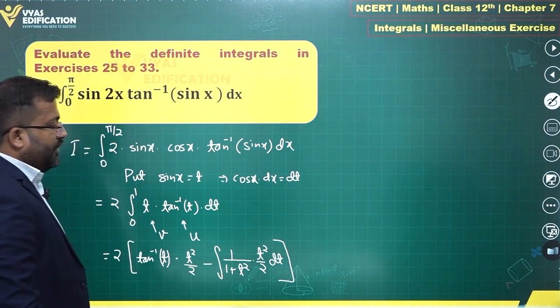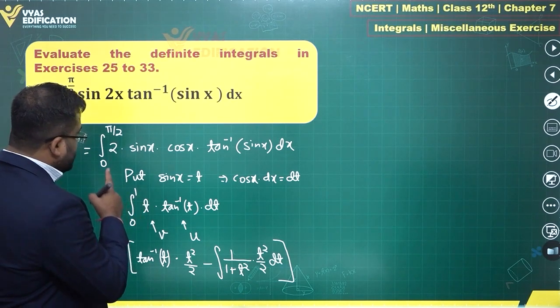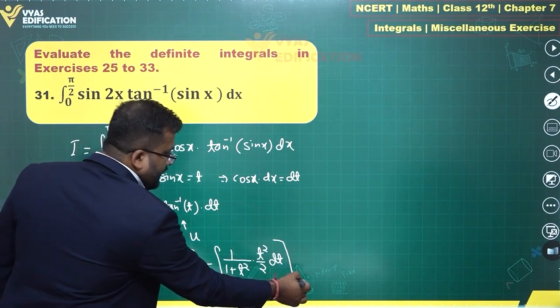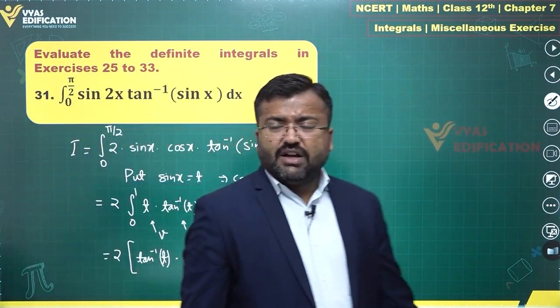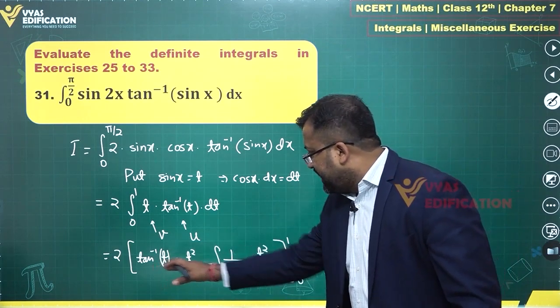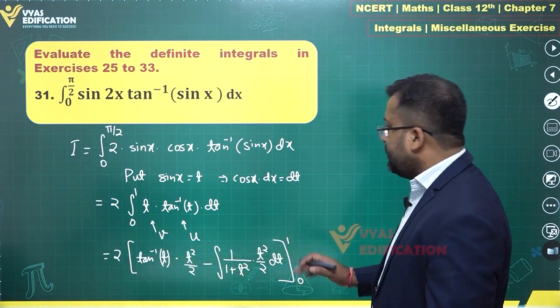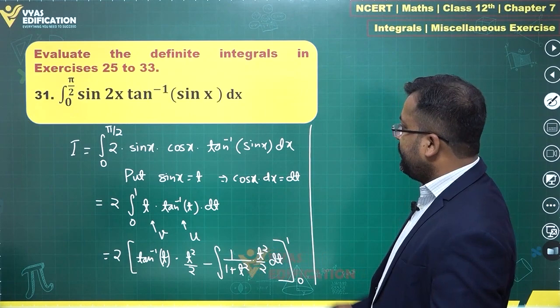And the limits are 0 to 1 in the square bracket. Obviously this limit will be applied on this as well, but for the time being I have written everything in the bracket, and once I integrate this, this will be the limit that I want to put on this.